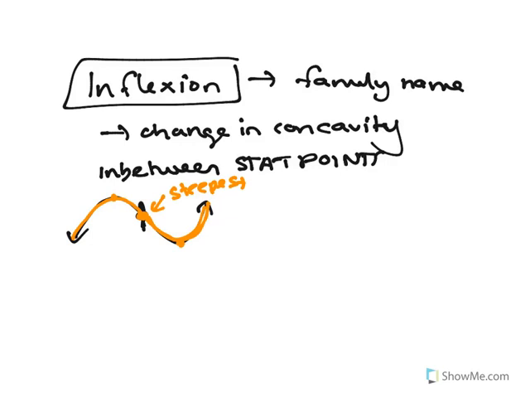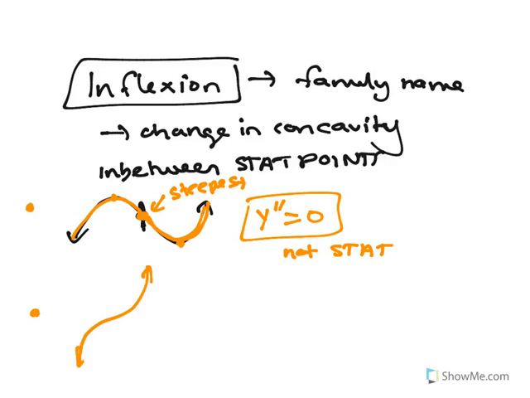Okay, so that's one type of point of inflection. For that point of inflection, y double dash equals 0, and it is not stationary. Okay, but when it is stationary, it is also a stat point.